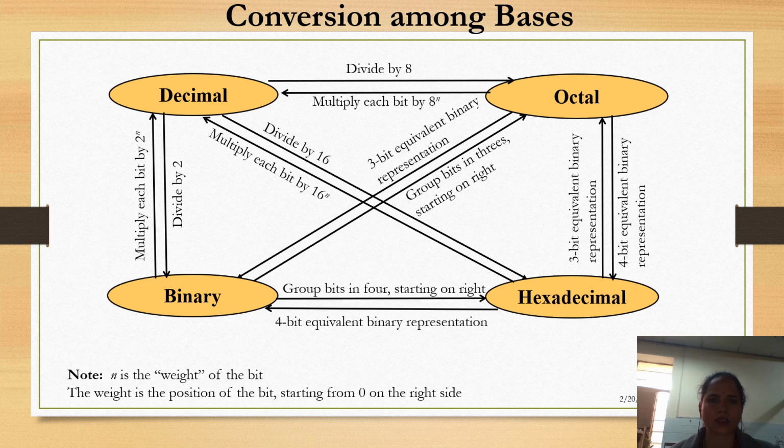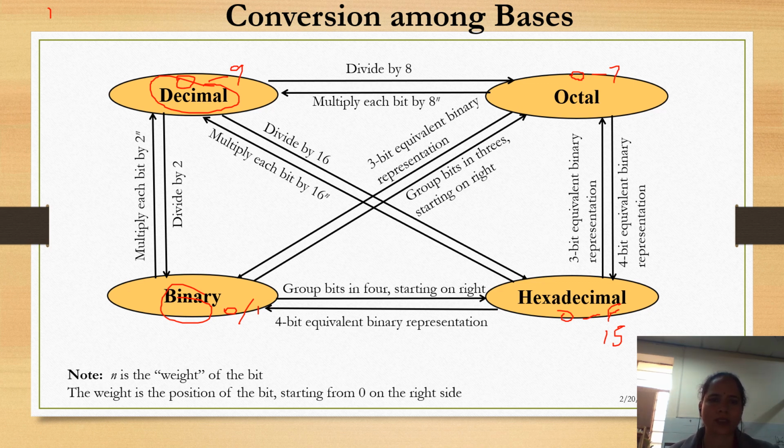We have already discussed the number systems. Basically, we use the binary number system, where the range is 0, 1, and the decimal number system, where the range is 0 to 9, and the octal number system, where the range is 0 to 7, and hexadecimal, 0 to F, where F represents the decimal number 15. Now, in this session, we discuss the conversions among these bases.